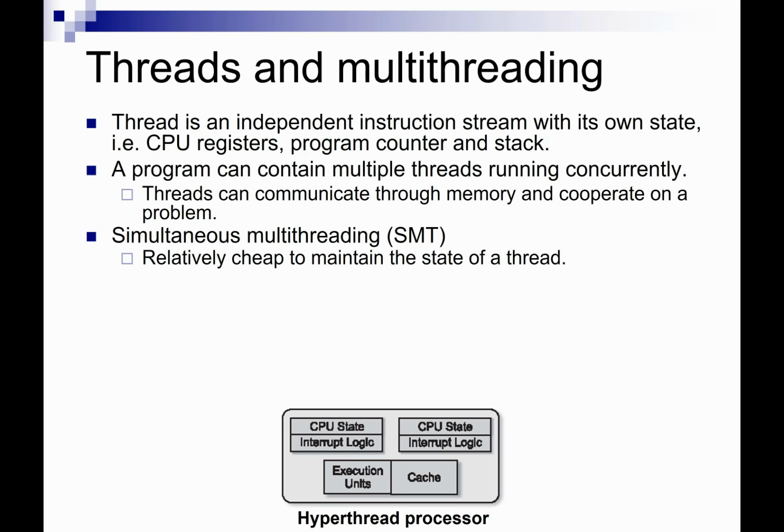The terminology for this is simultaneous multi-threading. The advantage of building this SMT processor is that when you want to run multiple threads, you don't have to duplicate the execution units or the cache. You just have to duplicate these CPU states. The CPU state is very cheap because it just consists of some registers, the counter and the stack, so it's very cheap to replicate these.